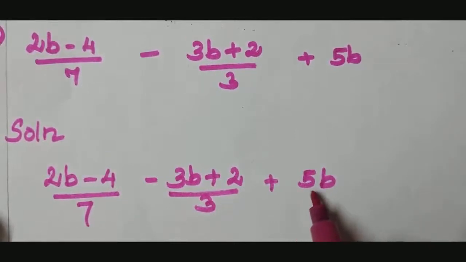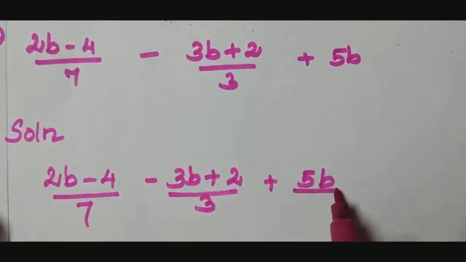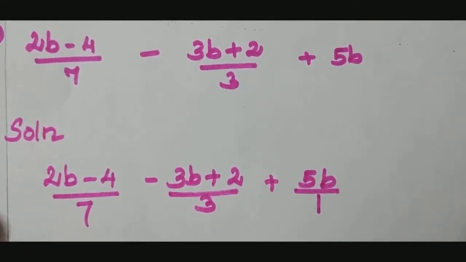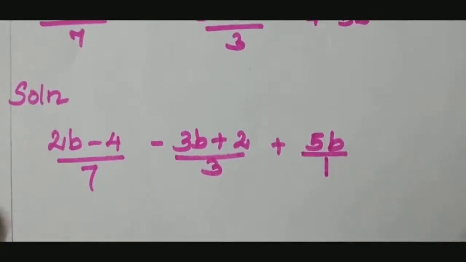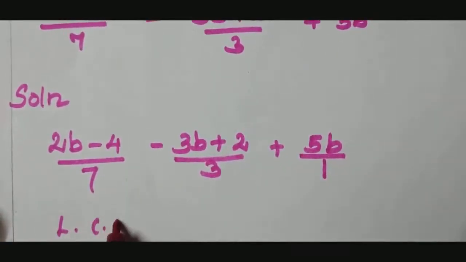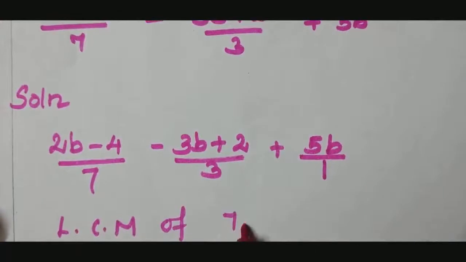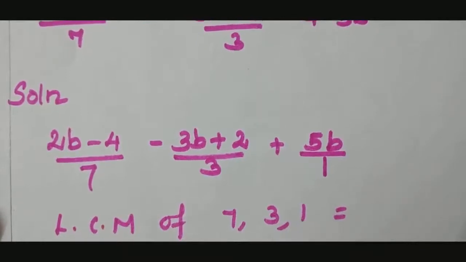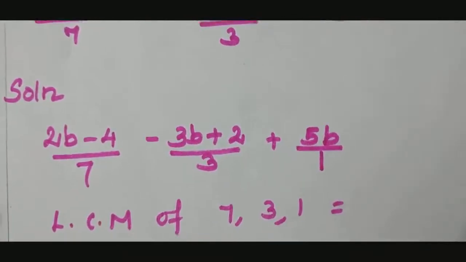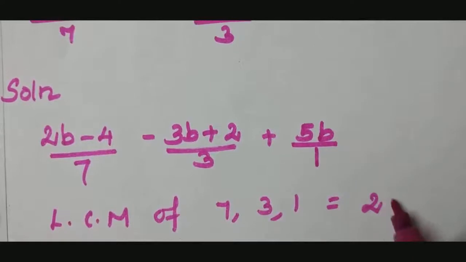So if the denominator is not given here, you can assume this as 1. So what's the first step? The first step is to take the LCM. So what's the LCM of 7, 3, 1? These are all prime numbers, so you can multiply and take the LCM. 7 3s are 21, 21 into 1 is 21.